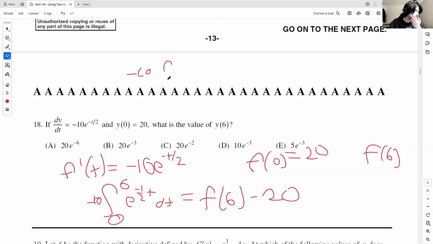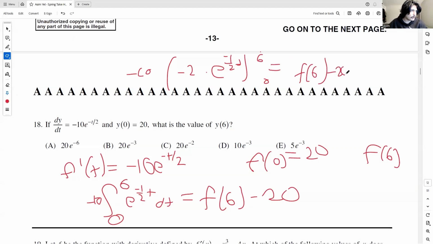So it will be negative 10 times the integral. What is the integral over here? It will be just negative 2 times e to the negative 1/2 t from 0 to 6. So it is equal to f of 6 minus 20. So what happens when I do this? If I put this over here, I got positive 20, since negative 2 times negative 10 is 20.